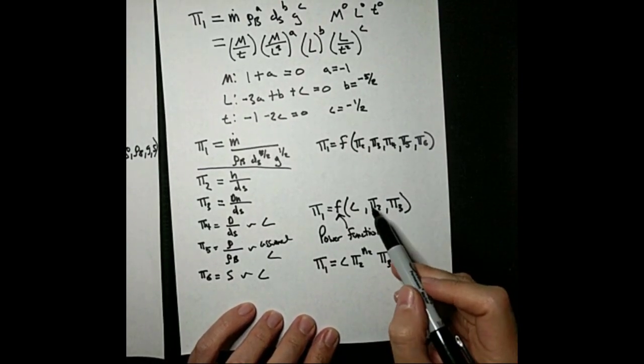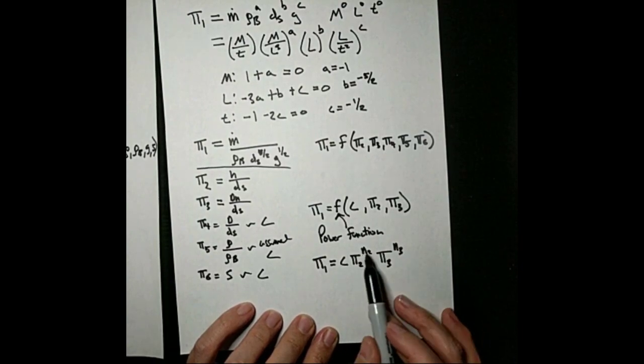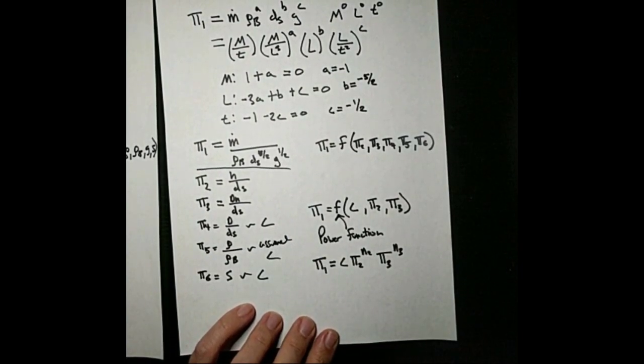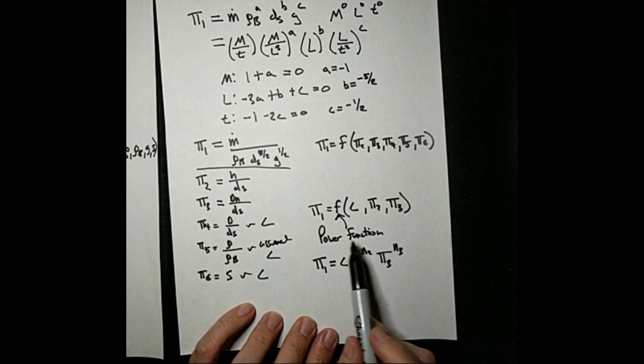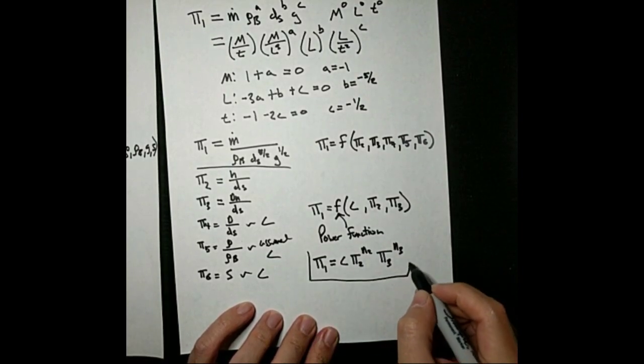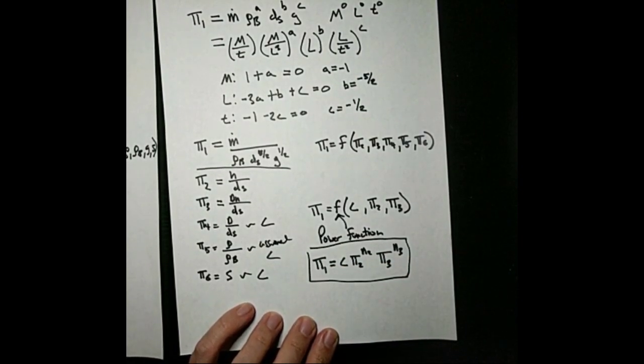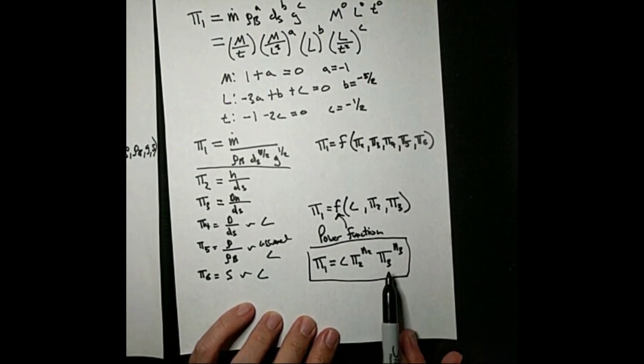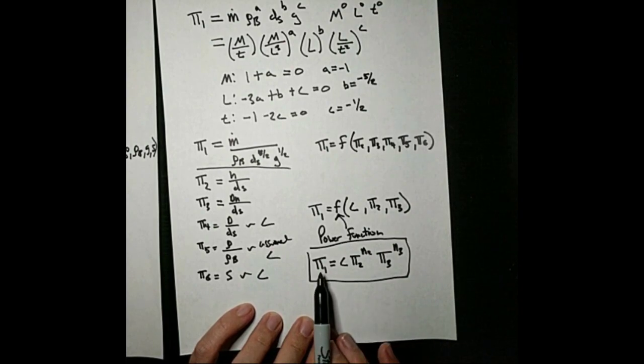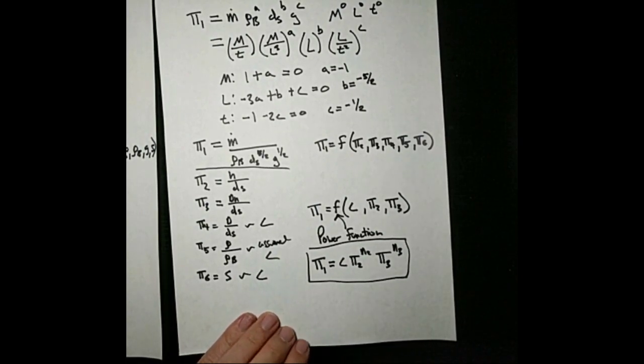So we've raised these to arbitrary powers that we're going to call N2 and N3. So now we can use this function to develop an experiment to find out whether the packing height or the orifice diameter has more of an effect on the mass flow rate of our materials.